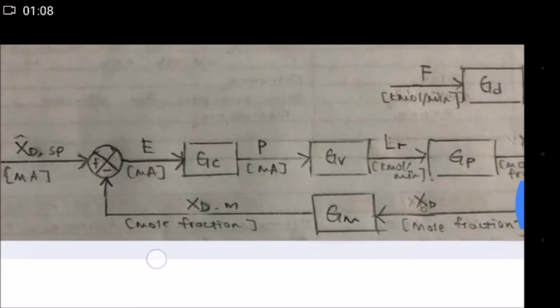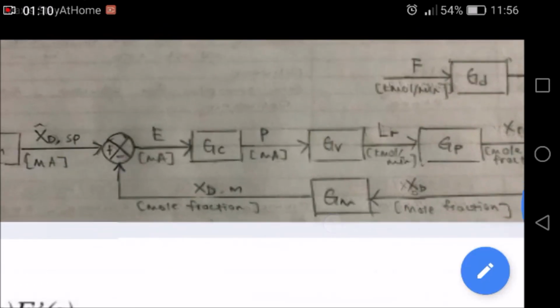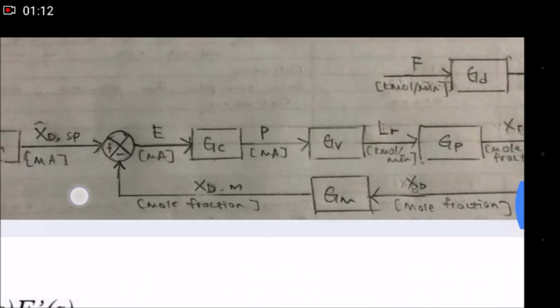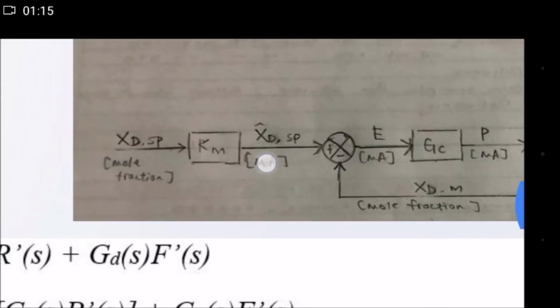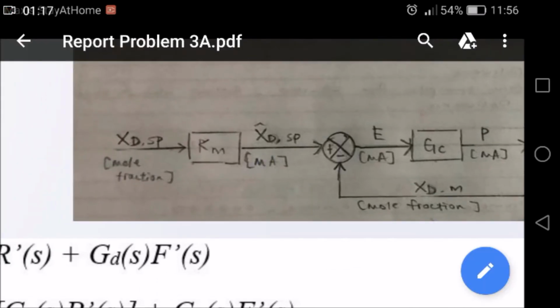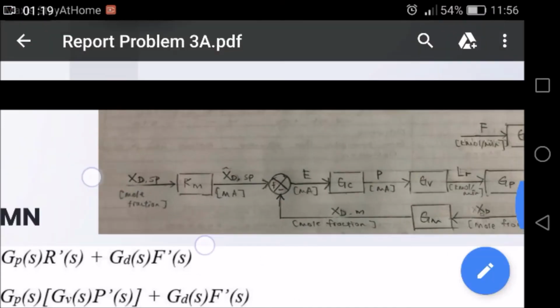Our XDM is equal to GM XD, while our internal XDSP is equal to KM XDSP.